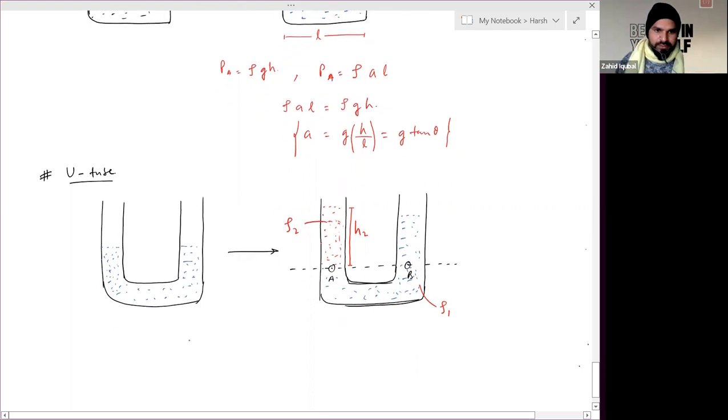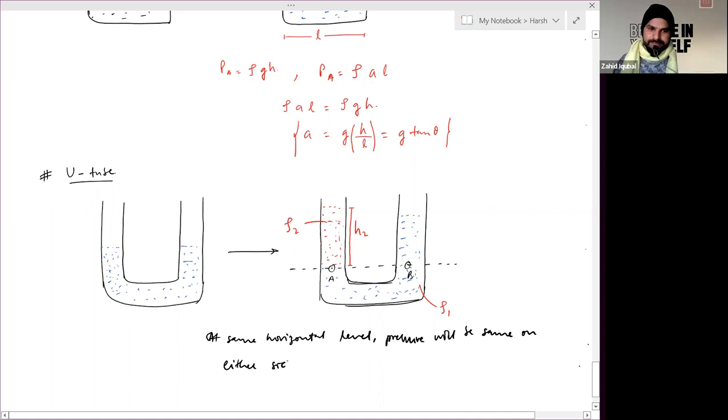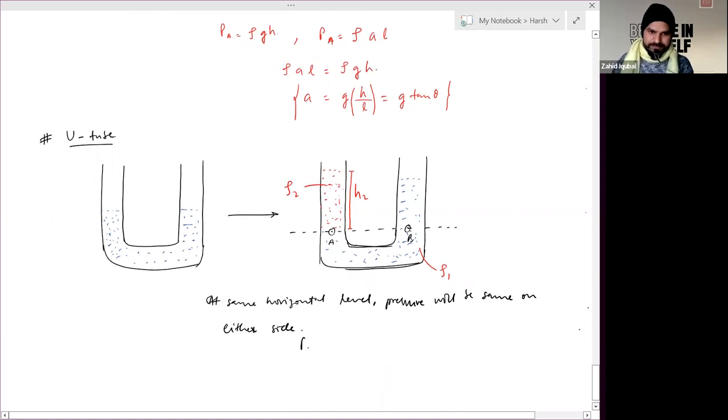So according to Pascal's law, at the same horizontal level, pressure will be the same on either side of this particular tube. So pressure at point A must equal pressure at point B.